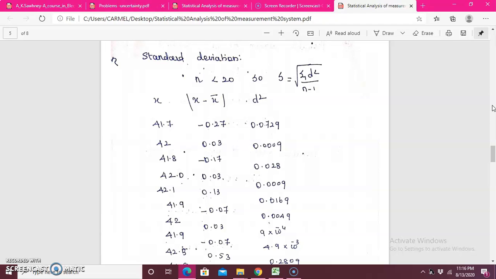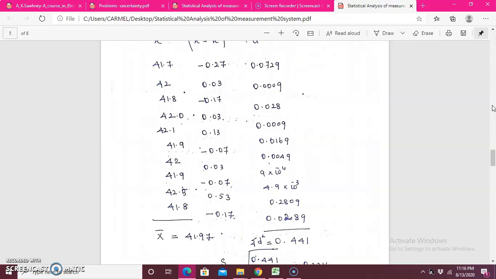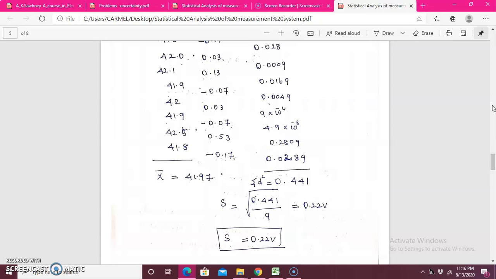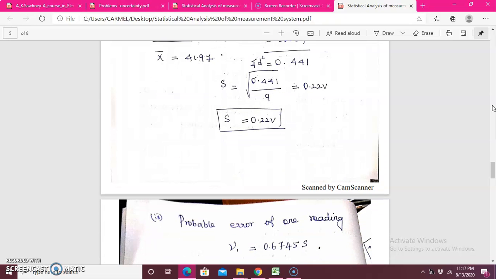After getting d, you have to take the square of that deviation. While you are calculating those values, you have summation d squared as 0.441. So s is equal to root of 0.441 by 9. So standard deviation is 0.22 volt. Is it clear? I think.